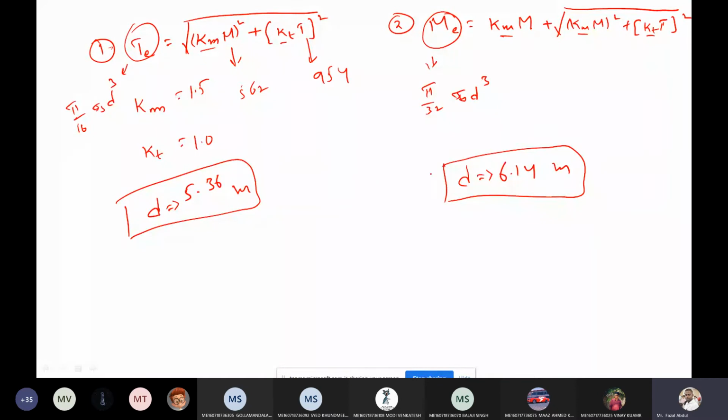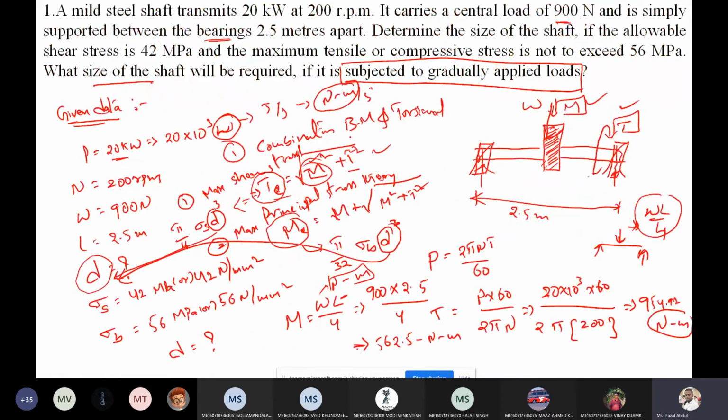So this is the procedure for solving the problem when the question is given as subjected to fluctuating loads. The thing is, first we need to identify which category the given question belongs to. Identification of the question is very important, not only for design of shaft but in design of machine elements, in every case.